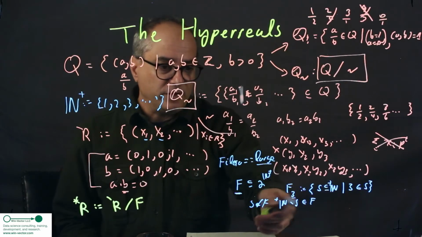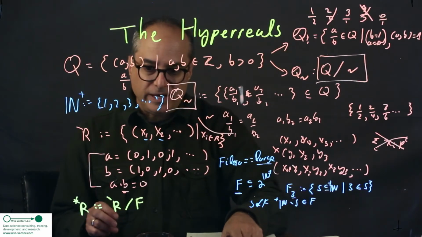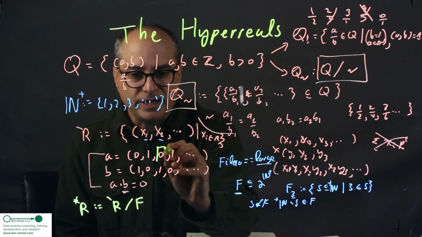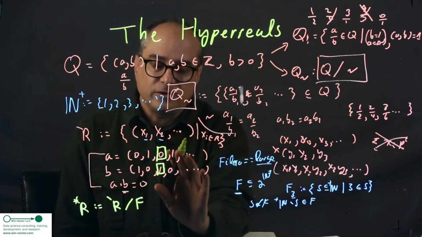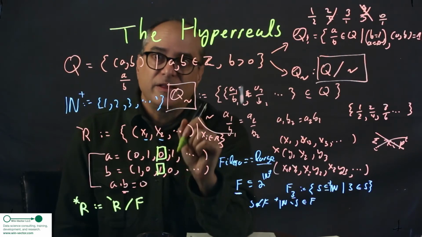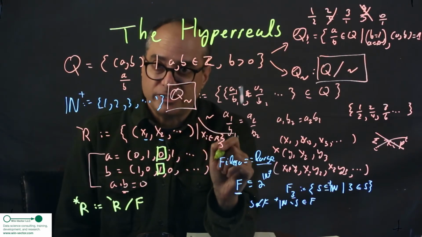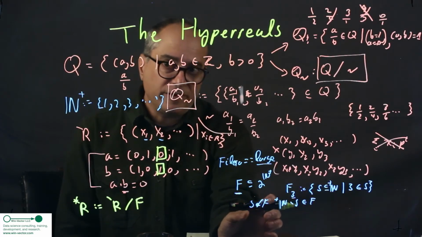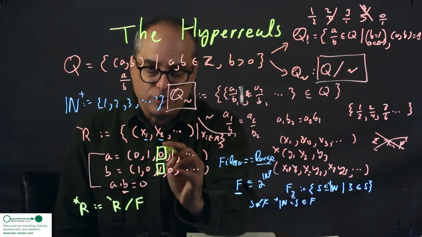If, for instance, we use F3, we get that the only thing that matters is position 3. The way we use the filter is we say two hyperreal sequences are equivalent if they are identical on some large set. Now, for F3, the large sets are all the sets containing position 3.